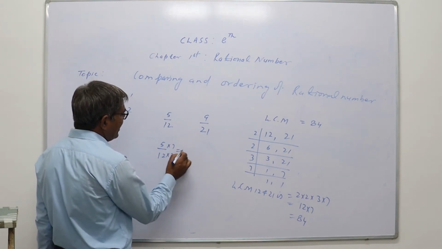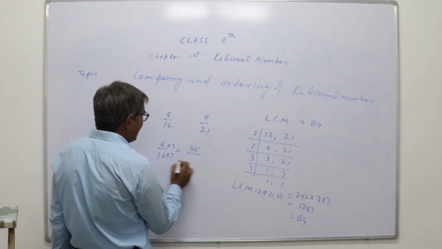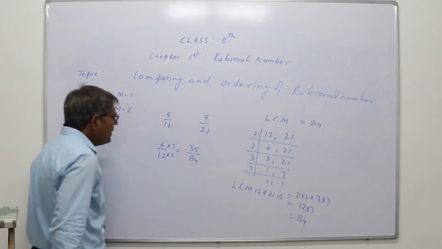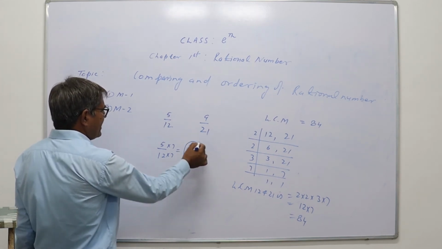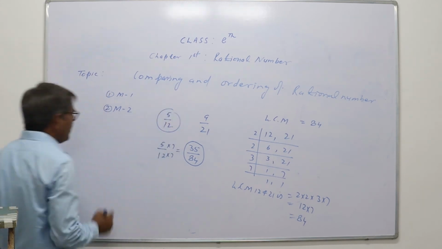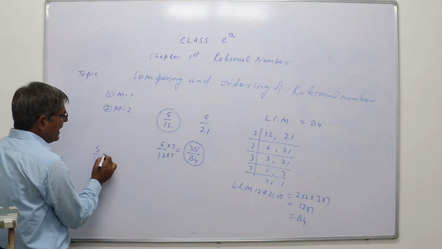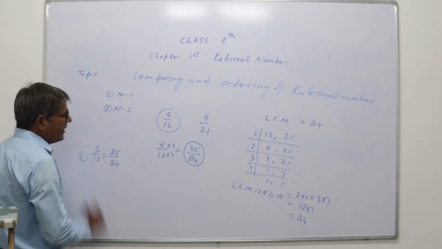So 7 fives are 35 and 12 sevens are 84. So 35 upon 84 is the equivalent rational number to 5 upon 12. So 5 upon 12 is now equal to 35 upon 84.